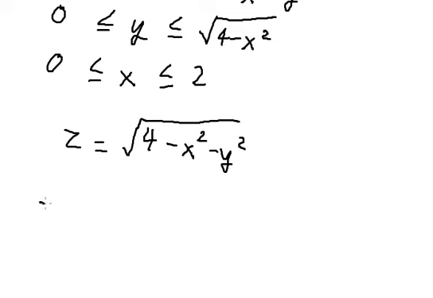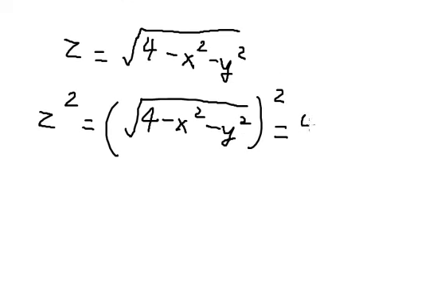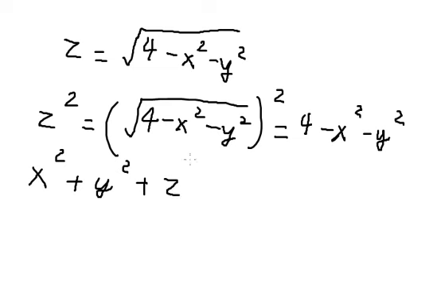Now we put the power 2 on both sides. So we have 4 minus x square minus y square. I will move this one to the left, and we have x square plus y square plus z square equals 4.